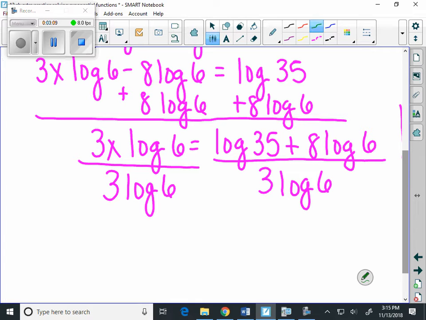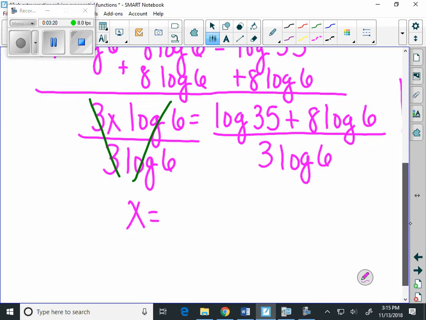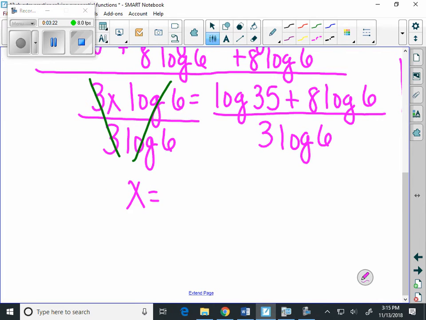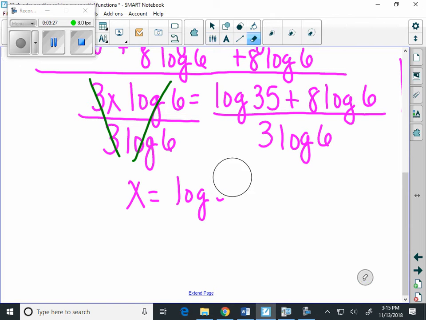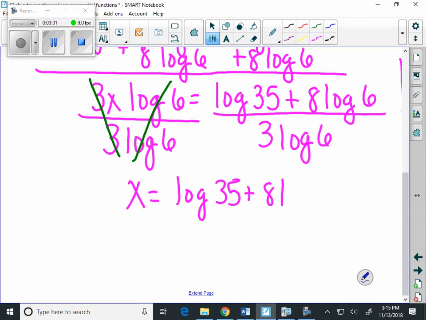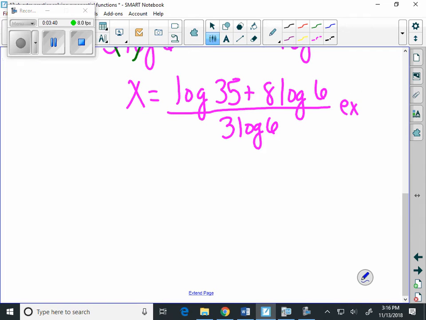Just notice over here that the 3's cancel out, and the log of 6's cancel out, and that means that we're just left with the x over here, which is what we want. And then log of 35 plus 8 log of 6, divided by 3 log of 6, is our exact answer.